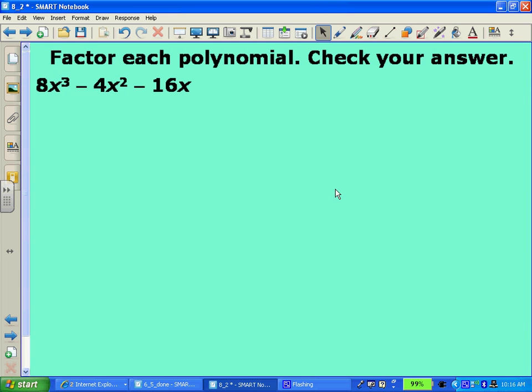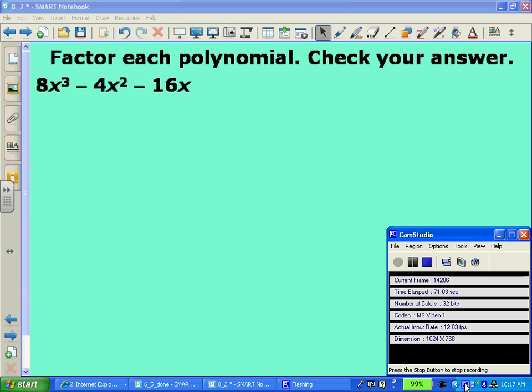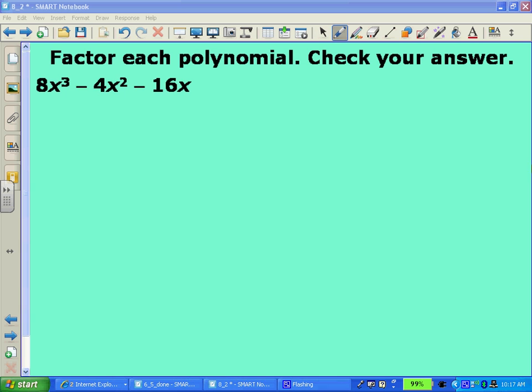So here's how we do it. First of all, when I'm given a polynomial, I want to take each term and just factor it like we did in 8-1.